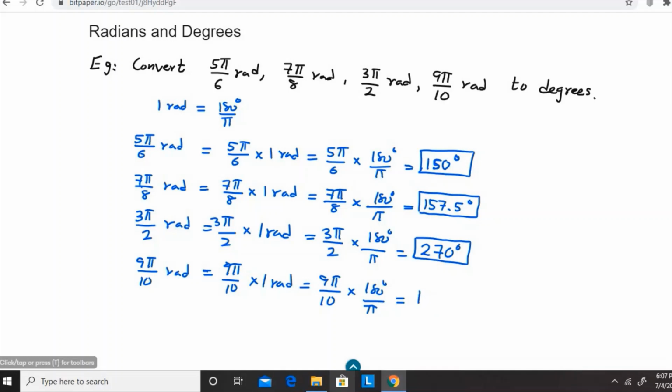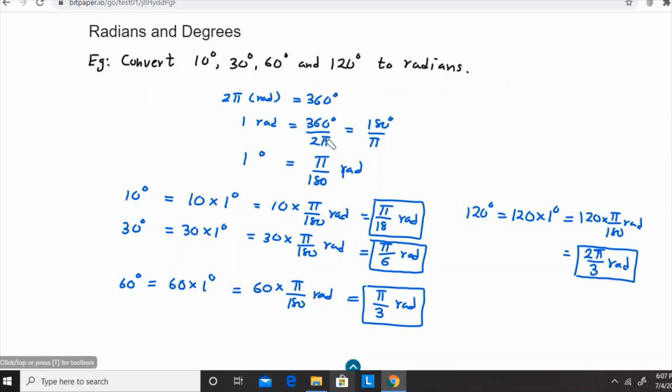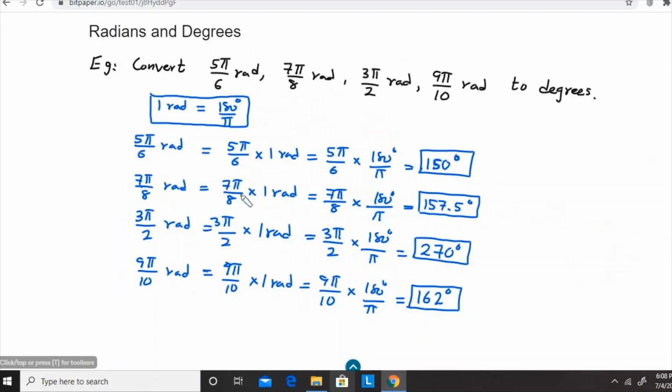But I get 162 degrees for the answer. So that's how you convert from radians to degrees. So this is what we used. It's usually called the conversion factor, and we used a similar conversion factor over here when we converted from degrees to radians. So that's basically it for radians and degrees.